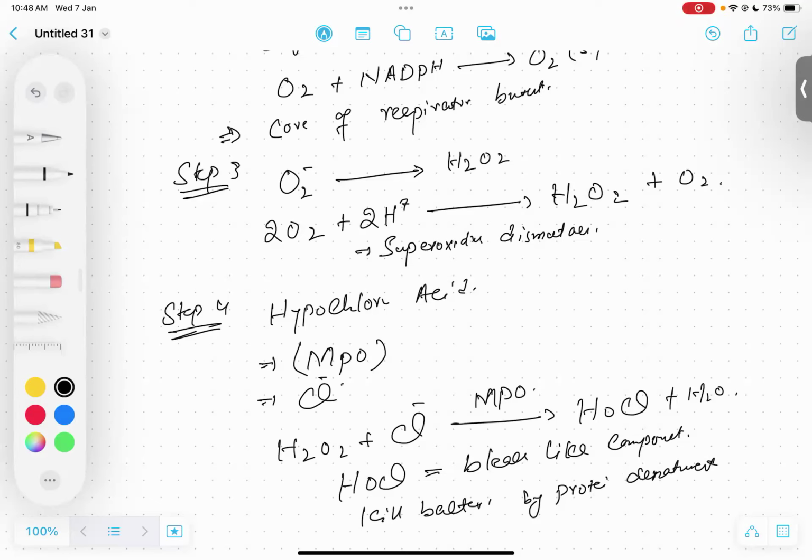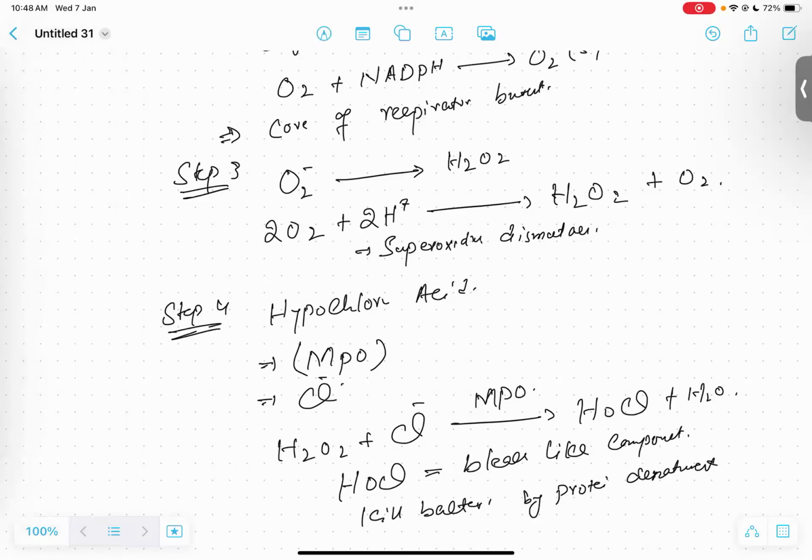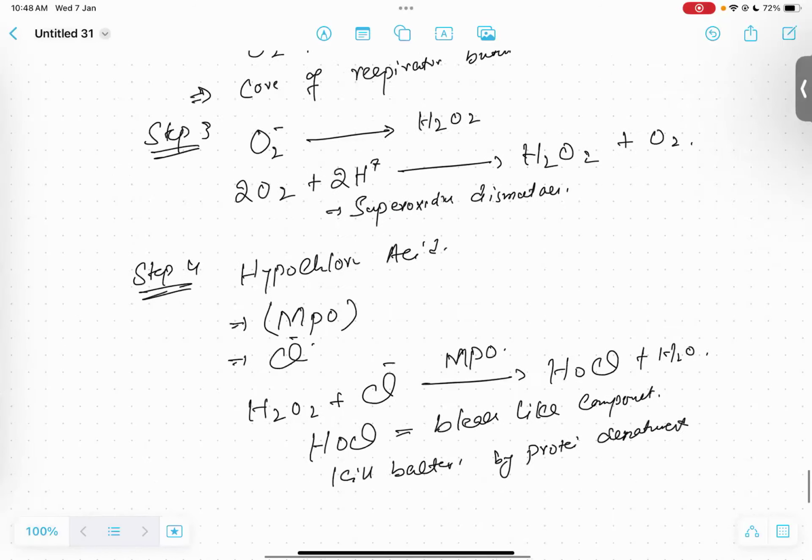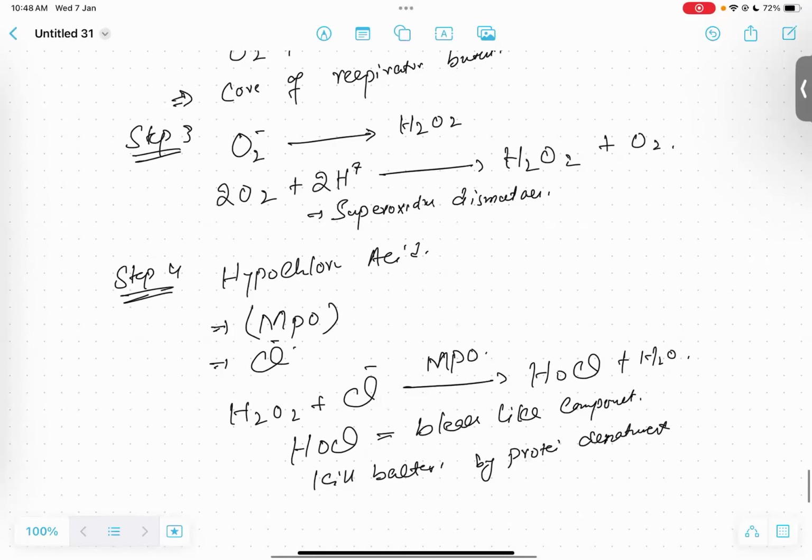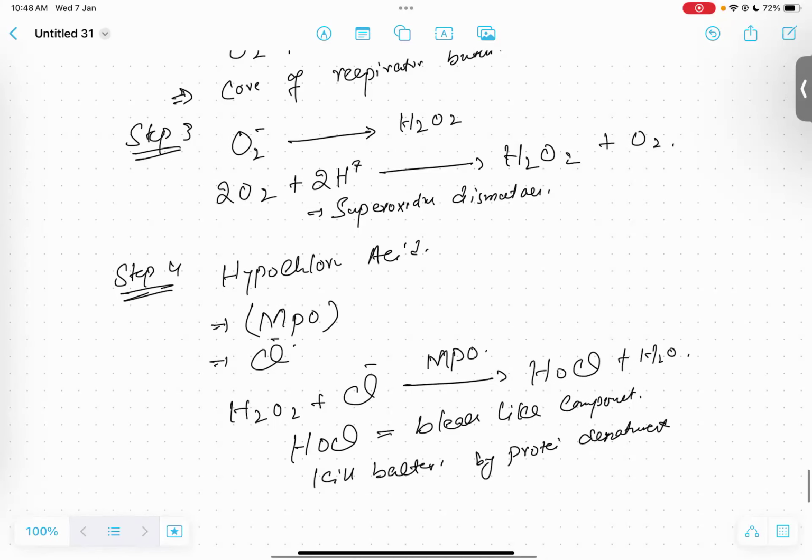And the last step is hydroxyl radical formation. So this hydrogen peroxide is either converted into hypochlorous acid or converted into hydroxyl radical, which is also very toxic.